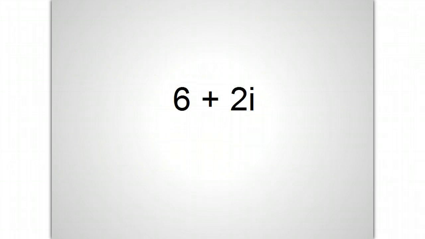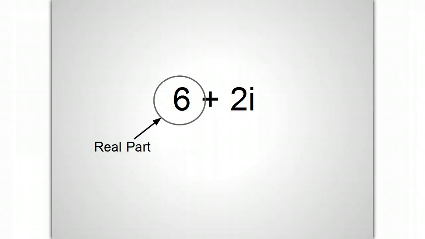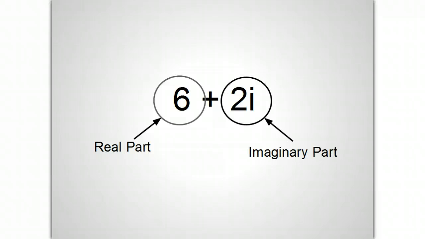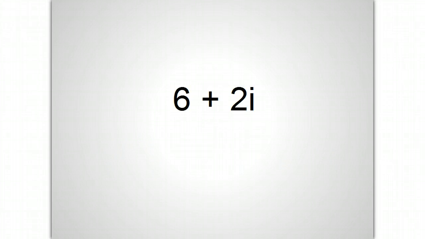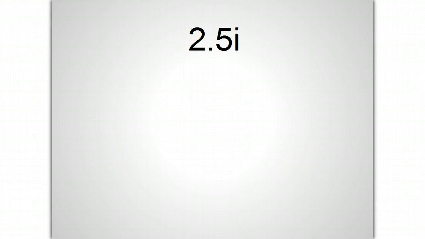So let's consider 6 plus 2i as a complex number. We call 6 the real part, and we call the 2i the imaginary part. So it takes two parts together to make a complex number. If in some cases we don't have a real part, then we would just have something like 2.5i.